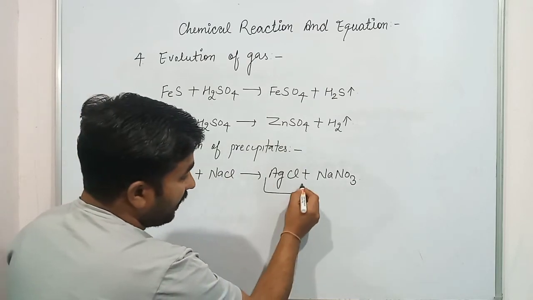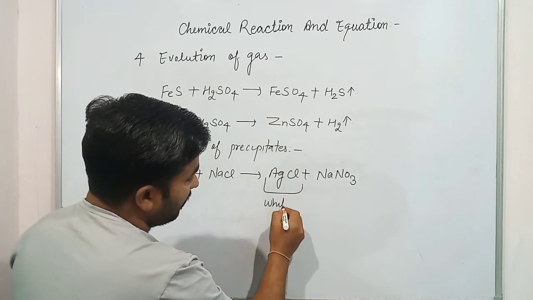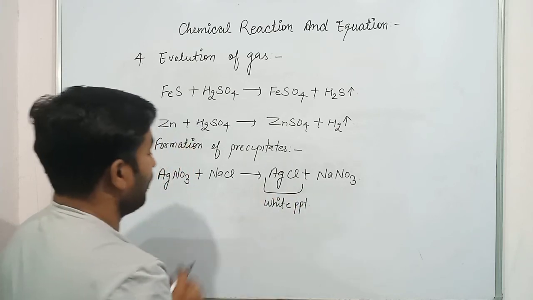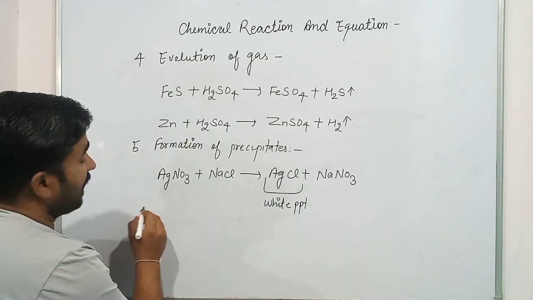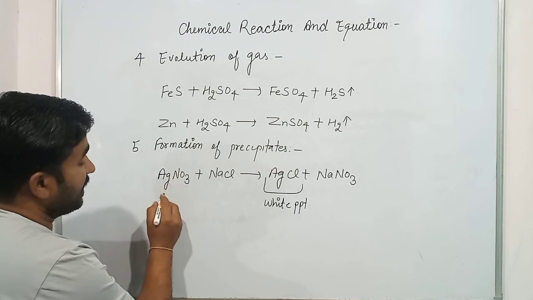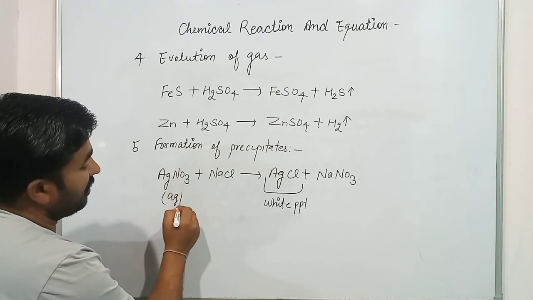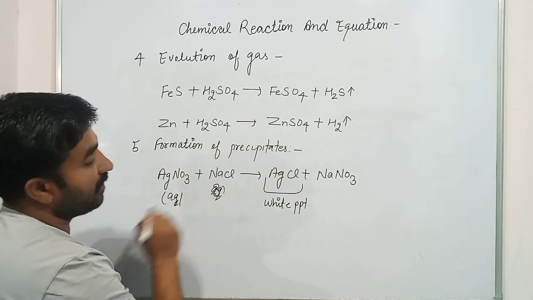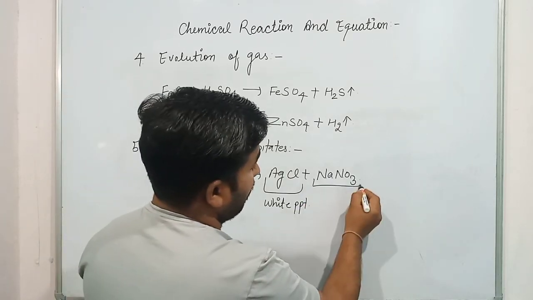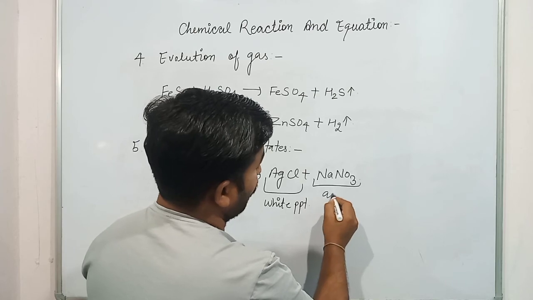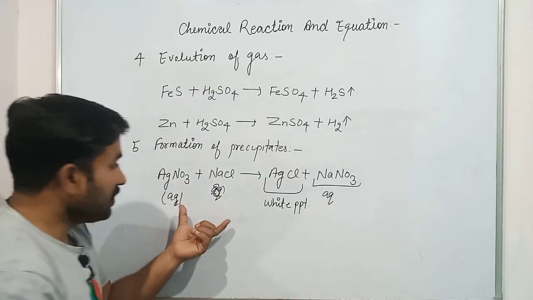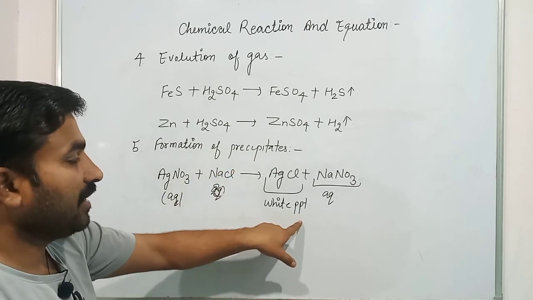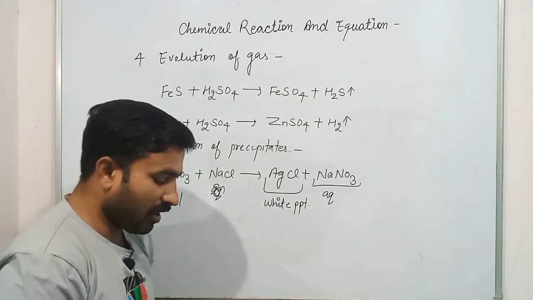Silver chloride is in the form of white powder, or you can say white PPT. Silver nitrate is in aqueous state, NaCl is in solid state, and sodium nitrate is in aqueous state. This reaction shows formation of precipitate. White PPT, silver chloride, is formed here.